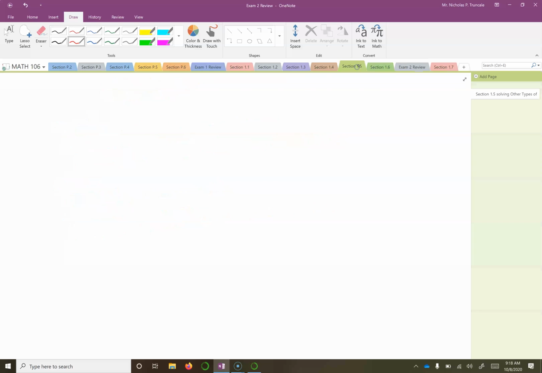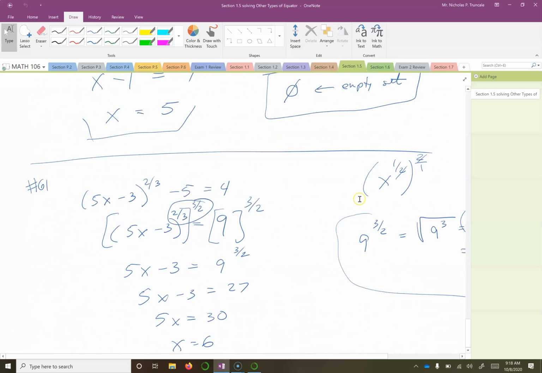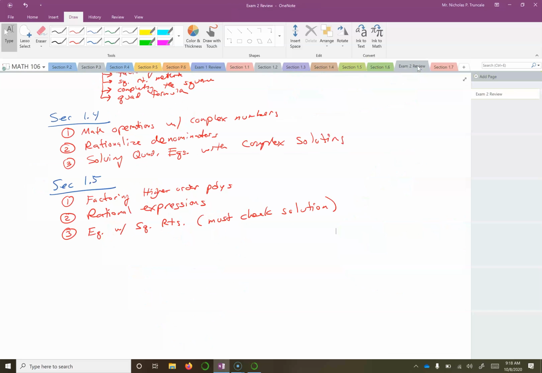And I think, was there anything else? Oh, right, there were equations with rational exponents. But I only gave you the most simple versions of those.